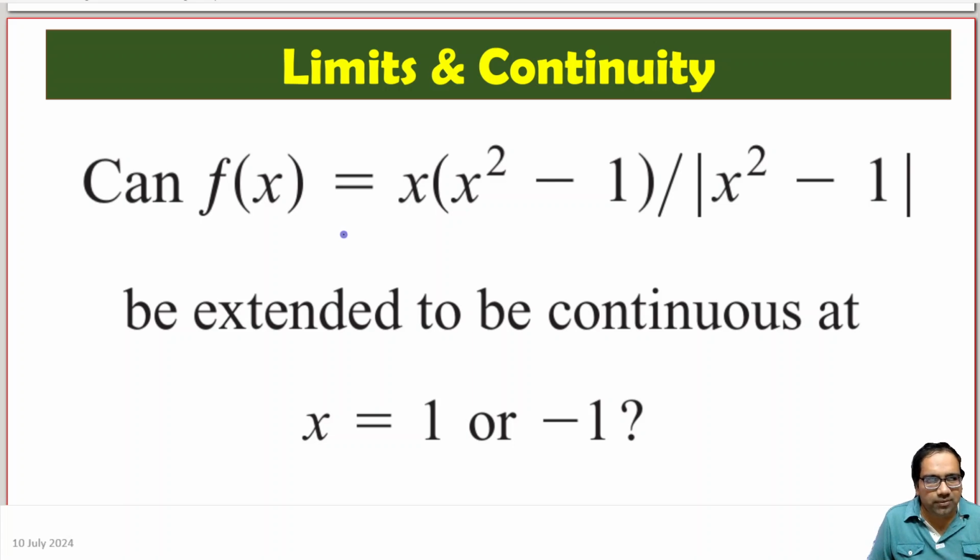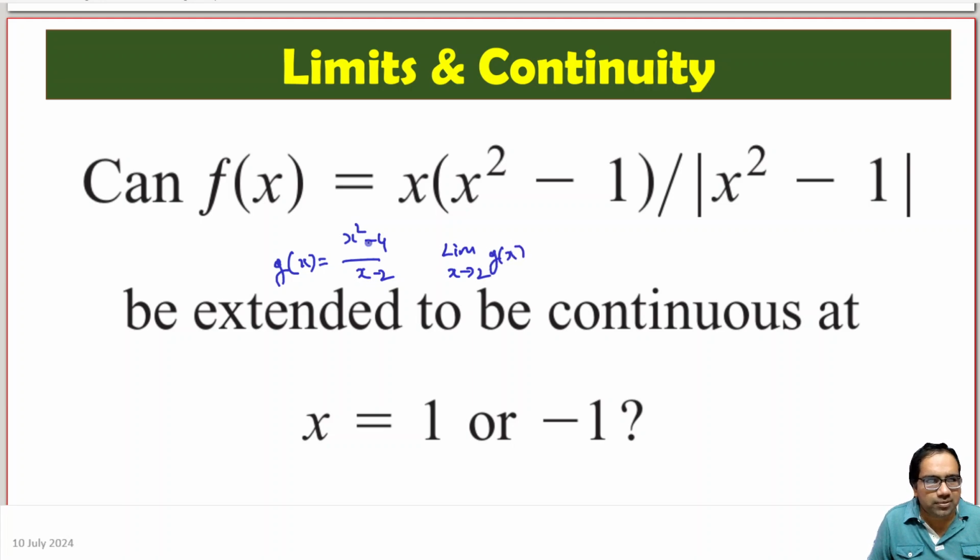So let's say for example we have a function like (x square minus 4) by (x minus 2). This is, let's say, some g of x. Now clearly g of x is not defined at x equal to 2. When we say limit x tends to 2 of g of x, what do we do?